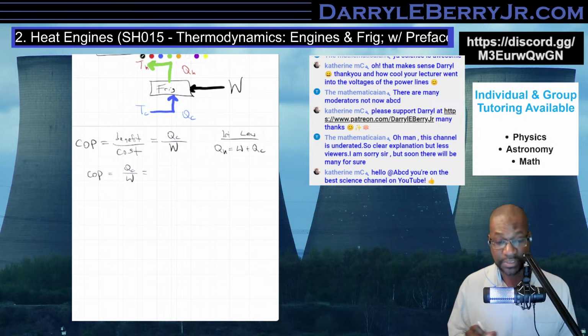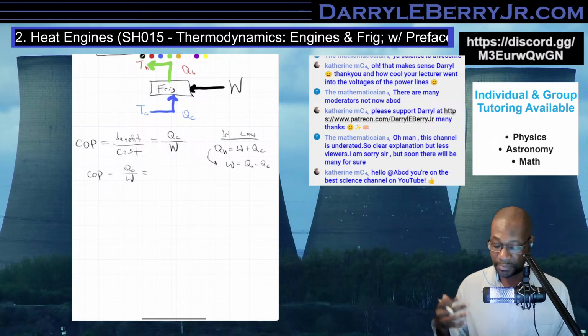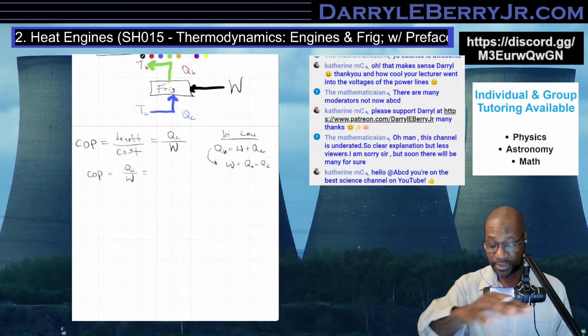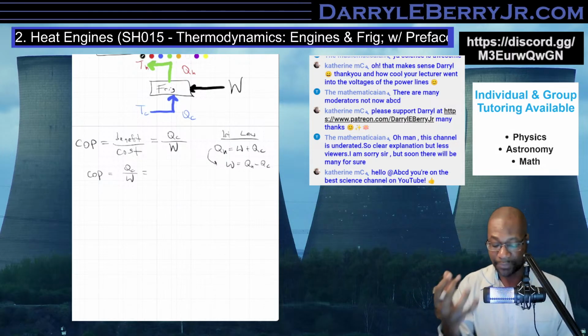And we can do the same thing and put work in terms of those two things. So if I was to take the first law and we work it, we have work equals QH minus QC. So work is going to be the energy that we dump into the hot minus the energy that we pull from the cold. So that's going to be the work. And we can see it clearly here.